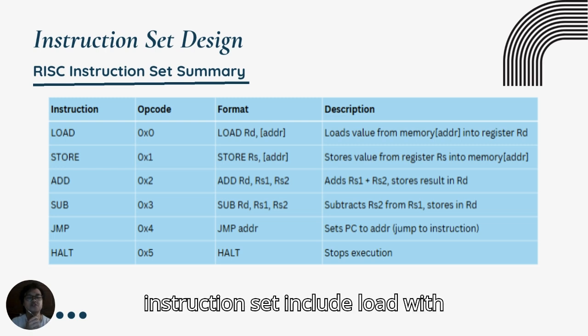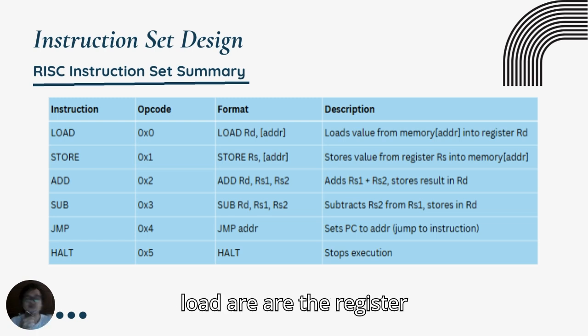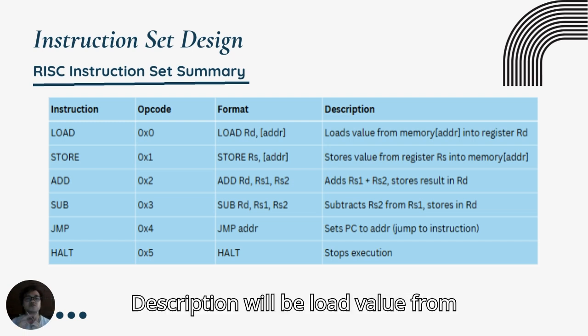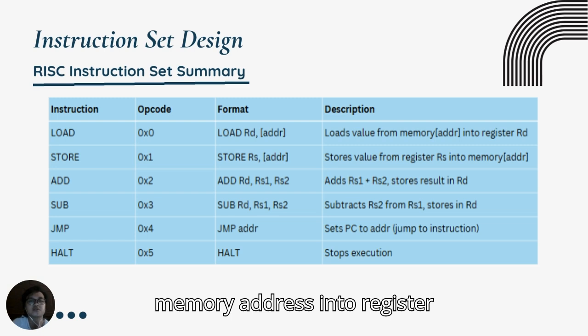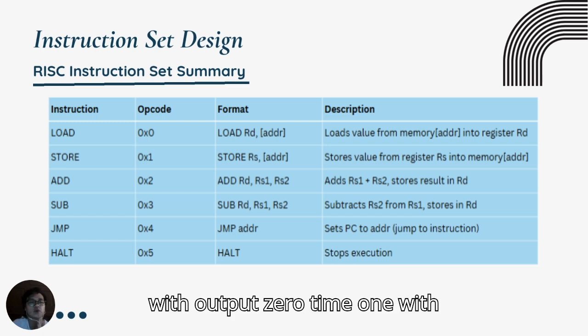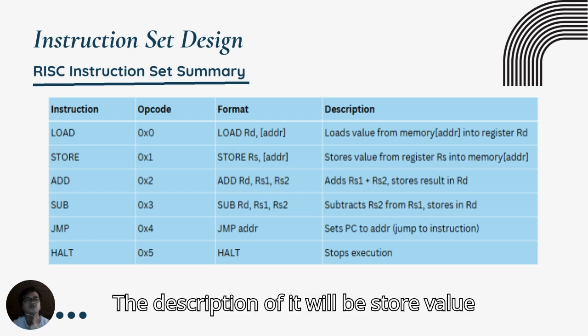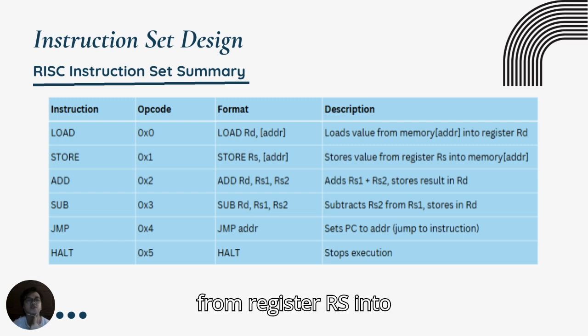Our instruction set includes load with opcode 0x0, with format load RD, address. The description is: load value from memory address into register RD. Next is store with opcode 0x1, with format store RS, address. The description is: store value from register RS into memory address.